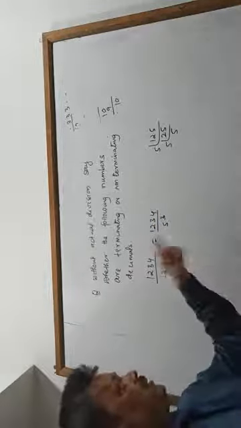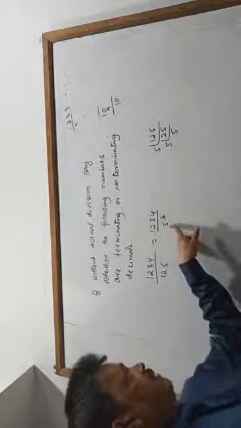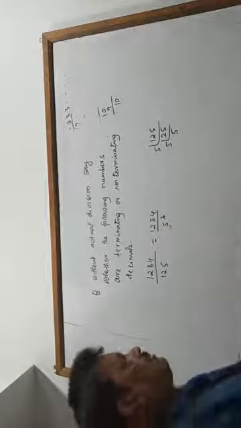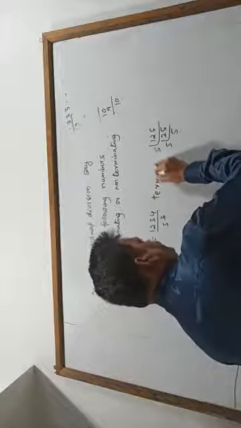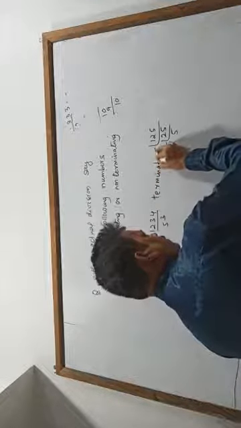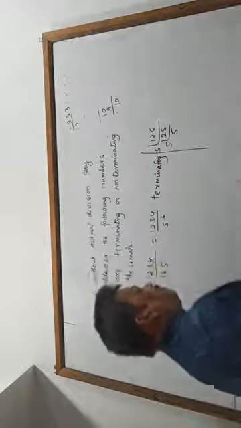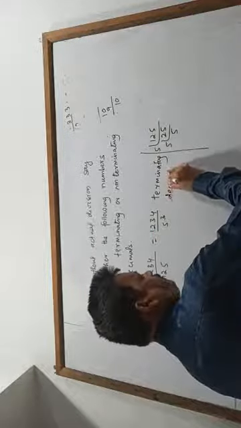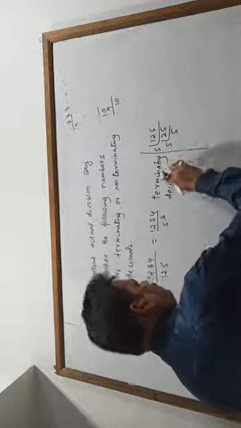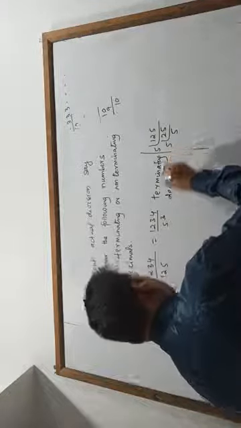I told you earlier, if it is only factor of 5, then it will be called as terminating decimal. Okay.